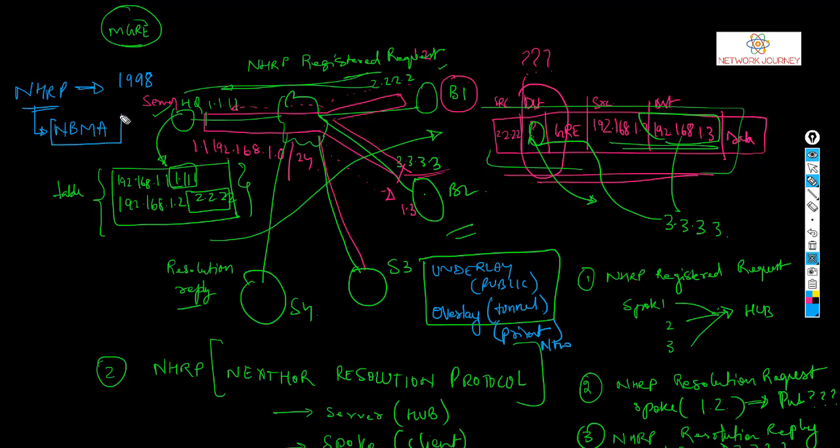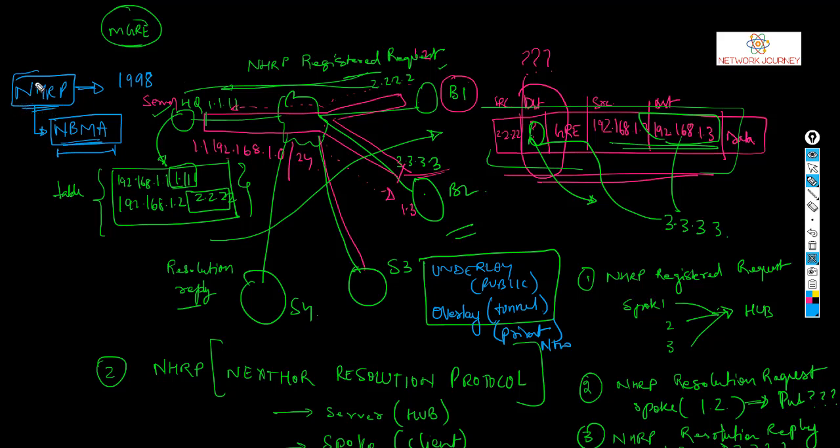So if you read the word NBMA sometime in DMVPN material, don't get confused, they are referring to NHRP itself. We don't use non-broadcast technology, which was used in Frame Relay, X.25, and ATM.